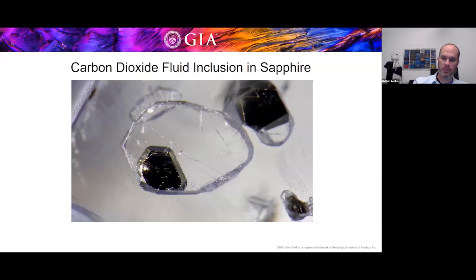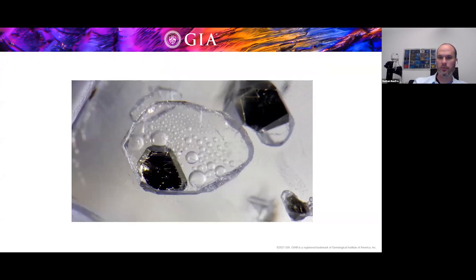But the type of fluid that's present is carbon dioxide, and the carbon dioxide is trapped in the sapphire at high pressure and temperature, so you actually can get liquid carbon dioxide, depending on the temperature at which you observe the stone.